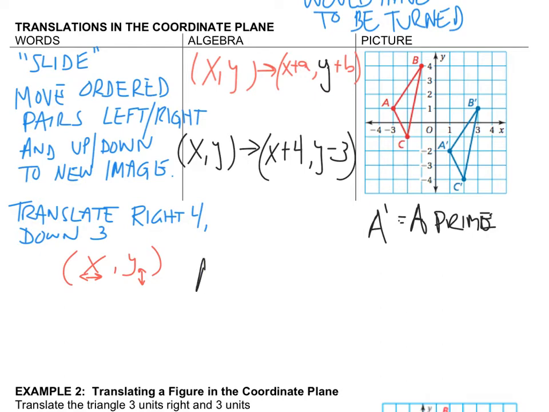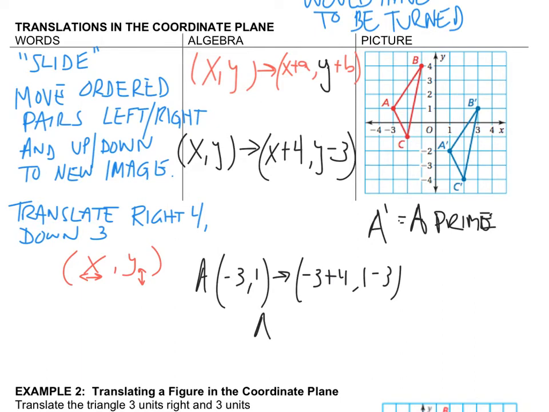So let's just look at an example. Looking at the ordered pair for A, A is sitting at negative 3, 1. So the algebraic way would be to say, we would call this negative 3 plus 4, which is positive 1, and minus 3 would help me drop it down.